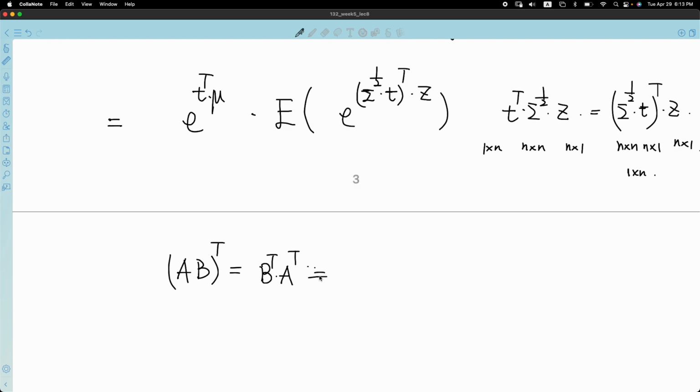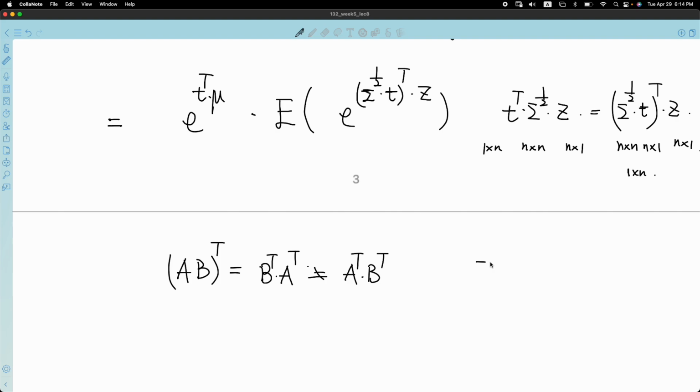And this is not equal to A transpose and B transpose. So transpose of AB is B transpose, A transpose. So the order here matters, and the other order is not the same. That is what I'm doing here.